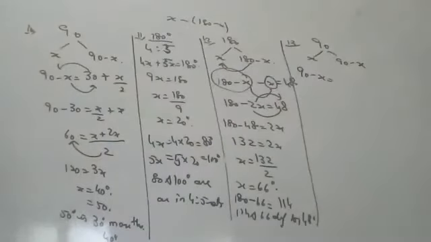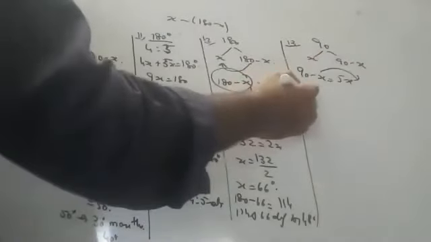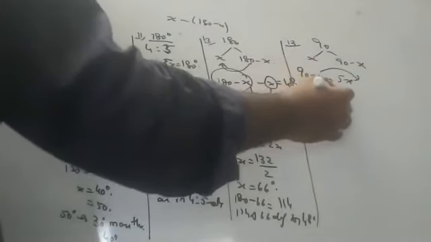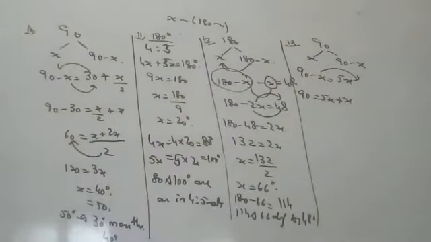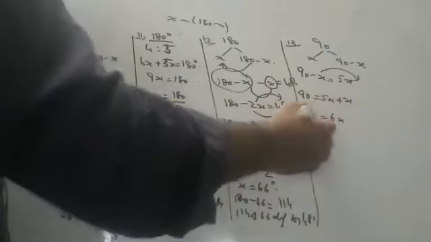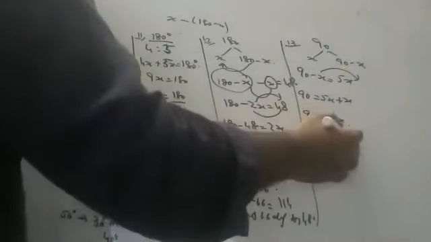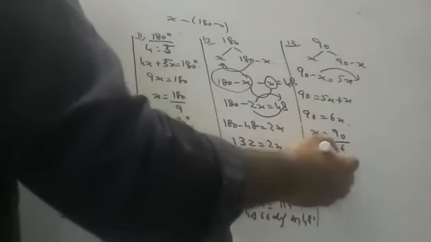An angle is 5 times of its complement. 5x. 90 minus x is equal to 5x. Okay, x comes here. 6x equals 90. 90 is equal to 6x. x is equal to 15.